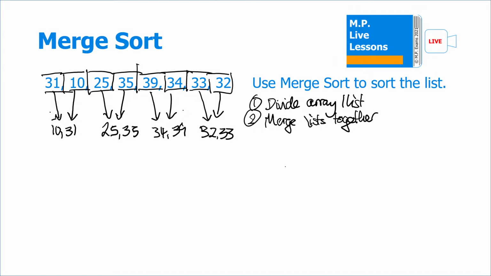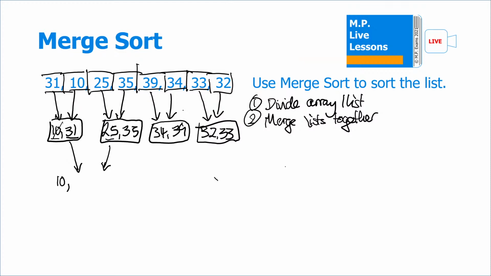Now, when we combine lists that are multiple numbers long, like these, into larger ones, to make the new list, we compare the first element of each list, or the first number of each list, and we remove the smaller one. So in this case, it's 10. We get rid of it and put it into our new one.